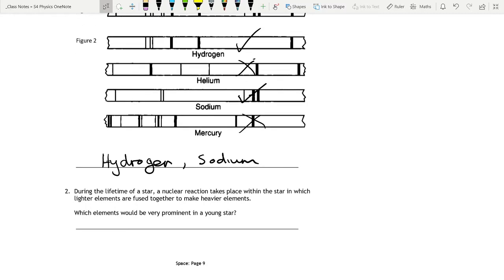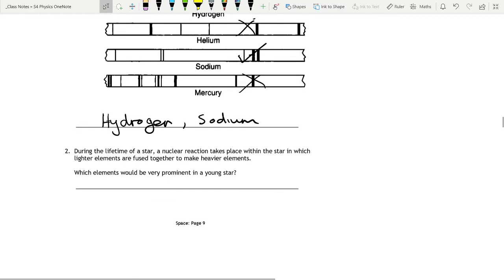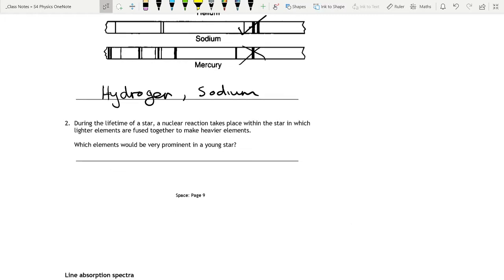And number two, during the lifetime of a star, a nuclear reaction takes place within the star in which lighter elements are fused together to make heavier elements. So stars start from the lightest of elements and then they move on and they get heavier and heavier. So which elements would be in a very young star? Which are the lightest elements that we know from chemistry?